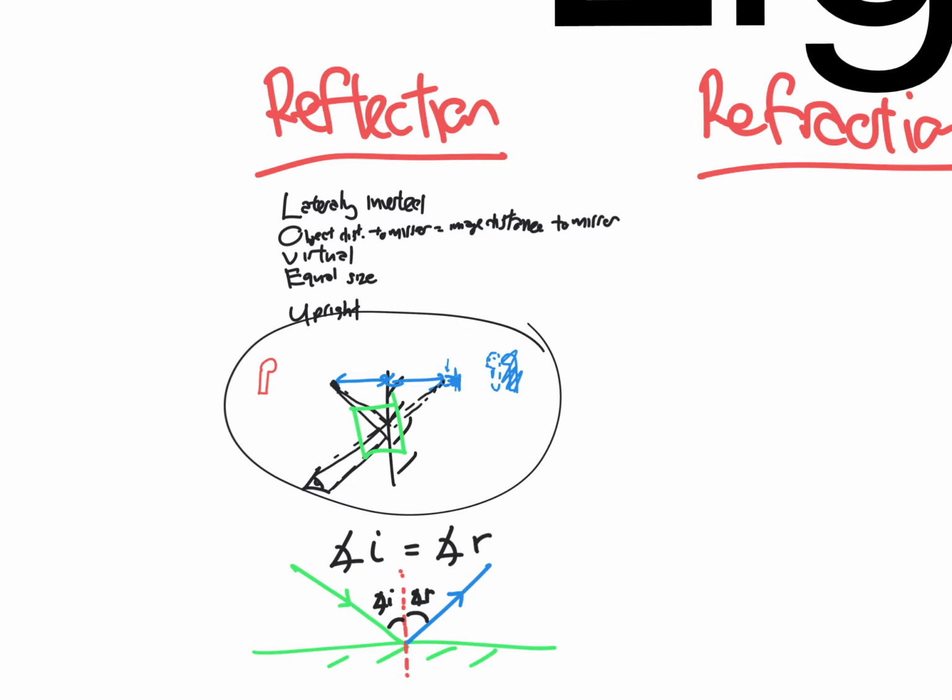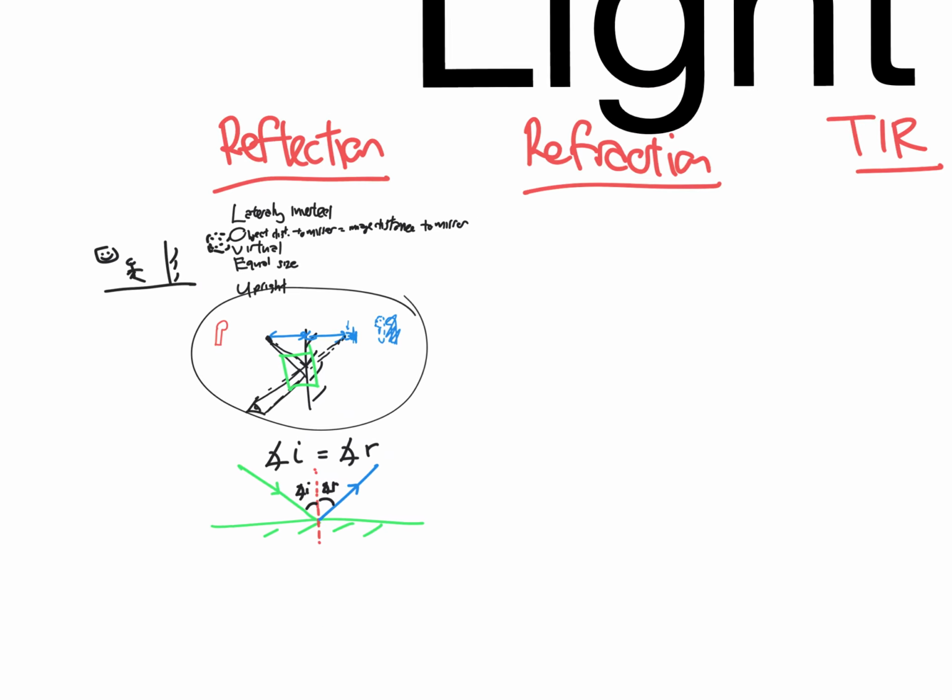It can be either a mirror with the ray here, a mirror like this with the object some distance away, or the one I always tell you: there's a mirror here, there's a person there, there's an object behind you. How far is the image of the object from you, that kind of thing, right? So things like this. That's for reflection.